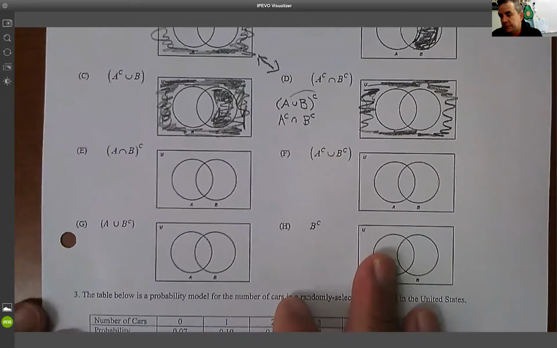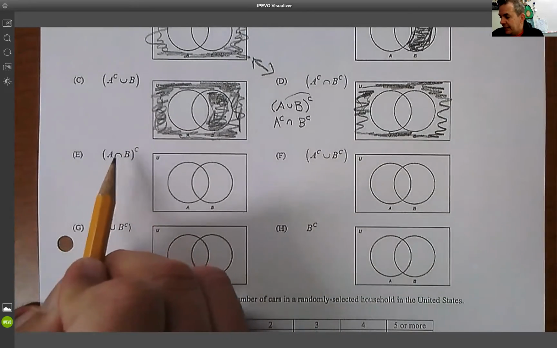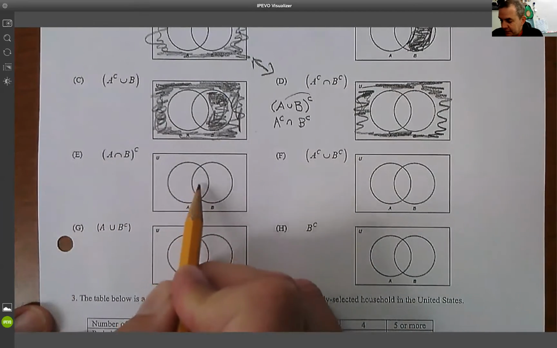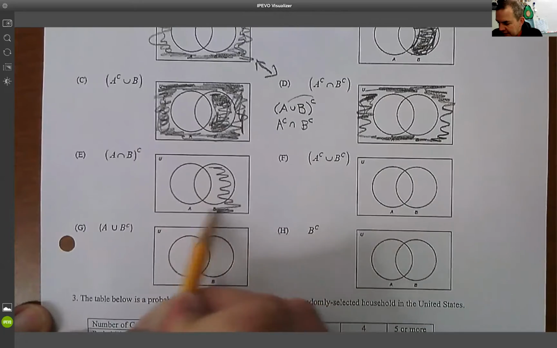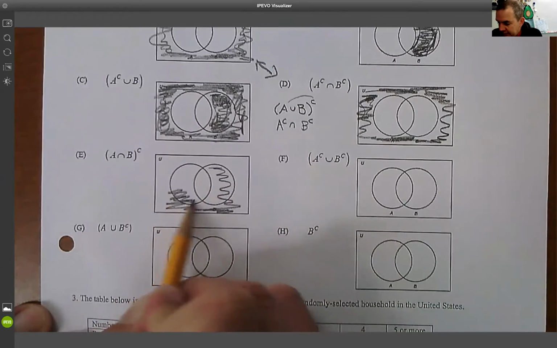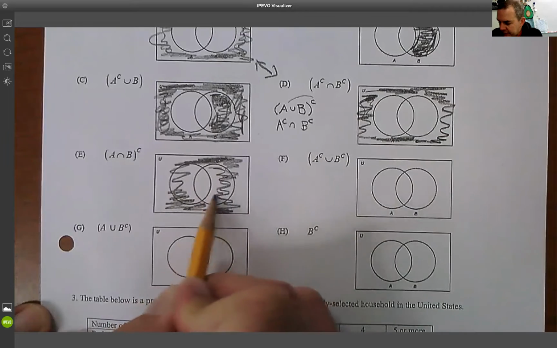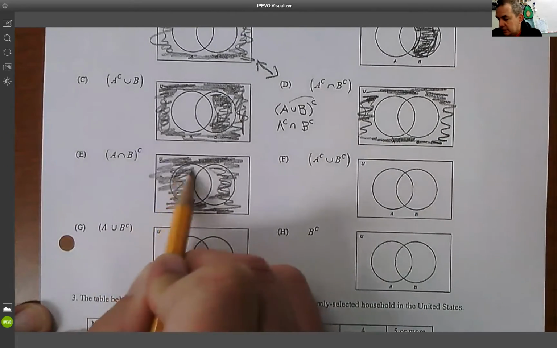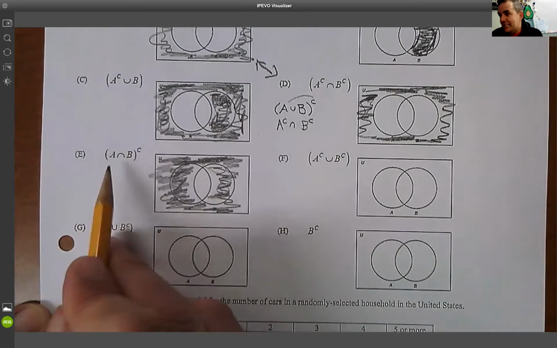So again, we're just going to keep going through the Venn diagram stuff. This is saying what is not the intersection of A and B. This right here in the middle is the intersection of A and B. What is not that? What is not that is everything else. Everything that is not in that little shared bit in the middle. So all of this right here is going to be our A intersect B, not the complement.